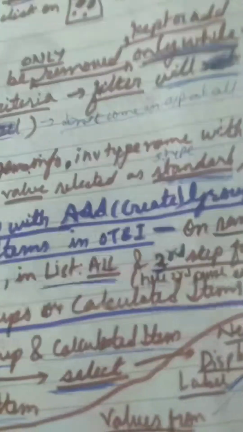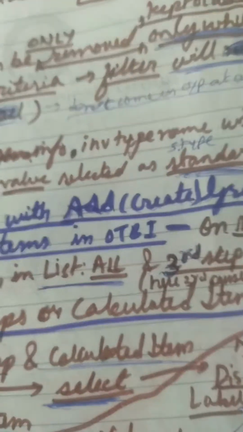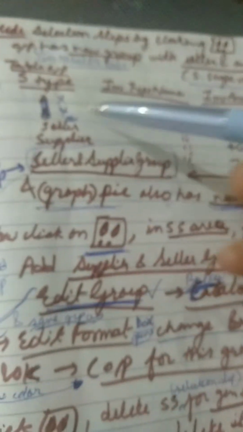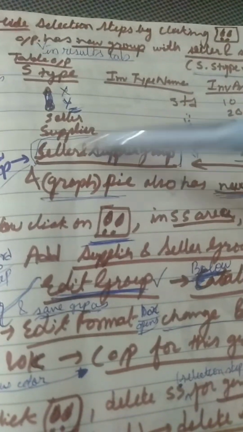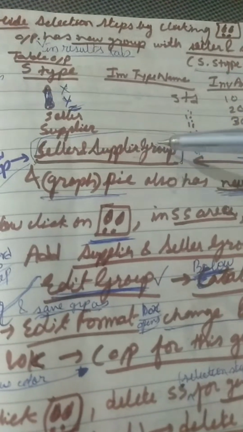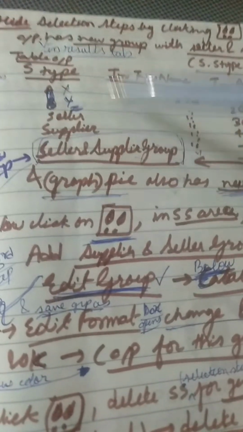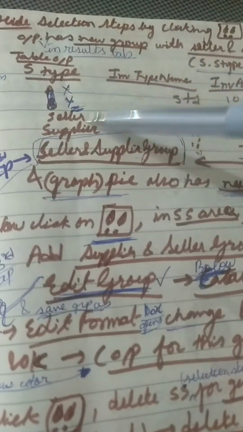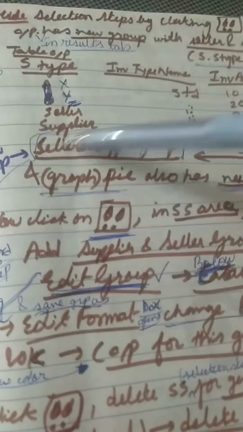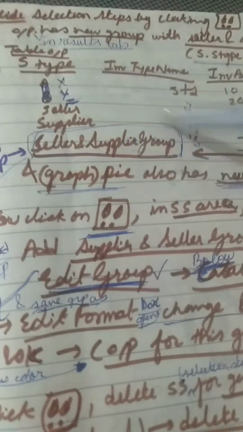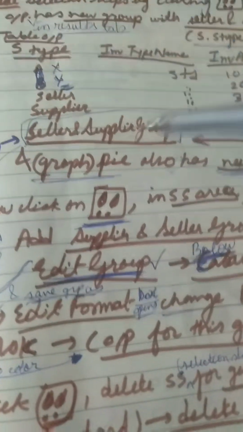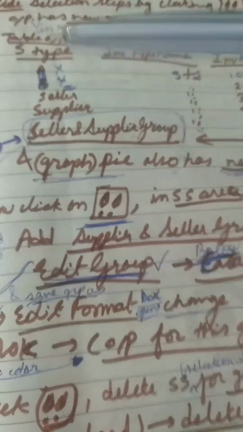For example, I have supplier type values like XYZ, seller, supplier, and other things. I made a group from the values of a particular column, using two or more values. You can either make a group, or you can also do any kind of calculation here.